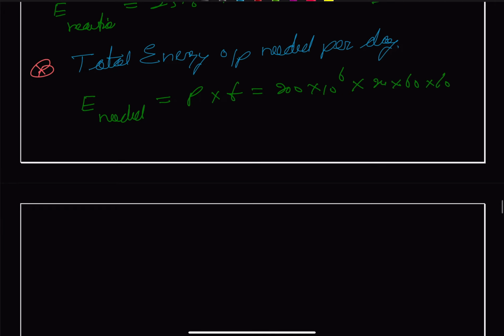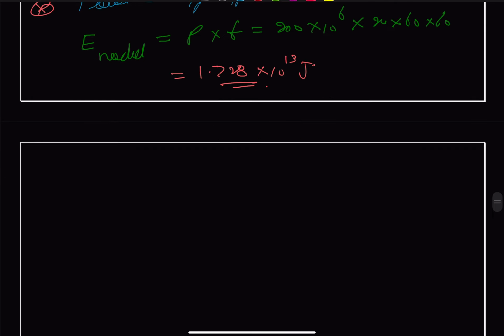So this gives us that our energy needed will be equal to 1.728 into 10 to the power 13 joules. And efficiency is given to us as 25% of the fusion.